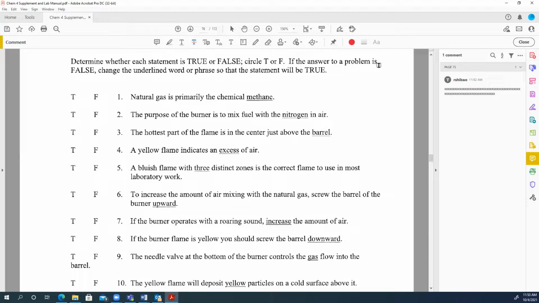The purpose is for oxygen. Oxygen. And so false, oxygen.